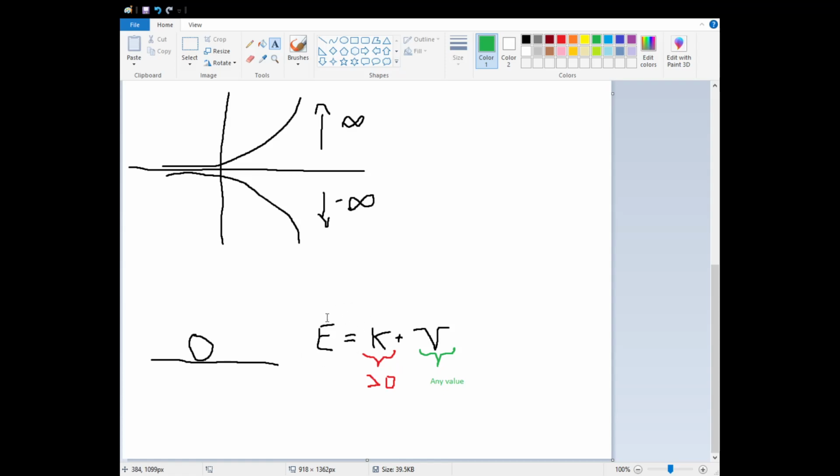And hopefully this equation obviously shows that energy always has to be greater than or equal to the potential. Because K is always positive or 0, and then V is just going to be whatever it is. If K equals 0, then E will always equal V. If K is greater than 0, some positive value, then E is going to be whatever V is added with some positive value, therefore it will always be greater.